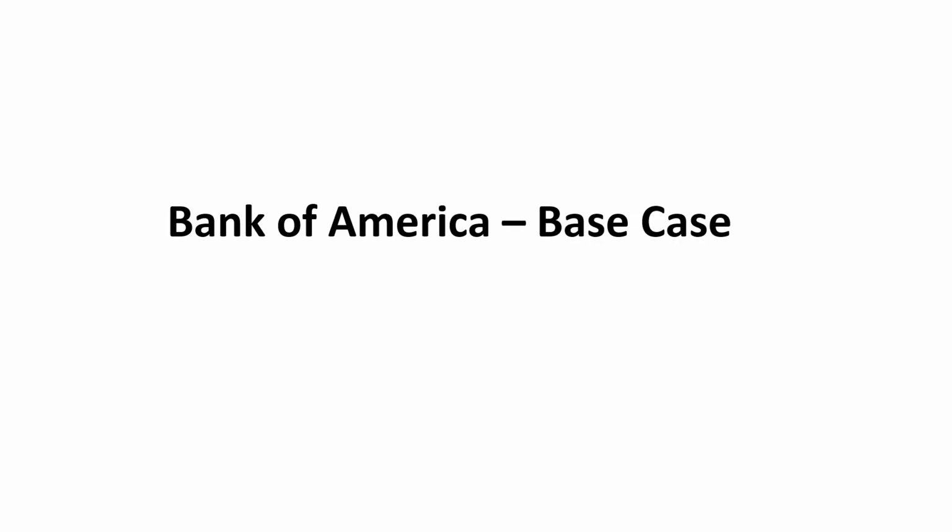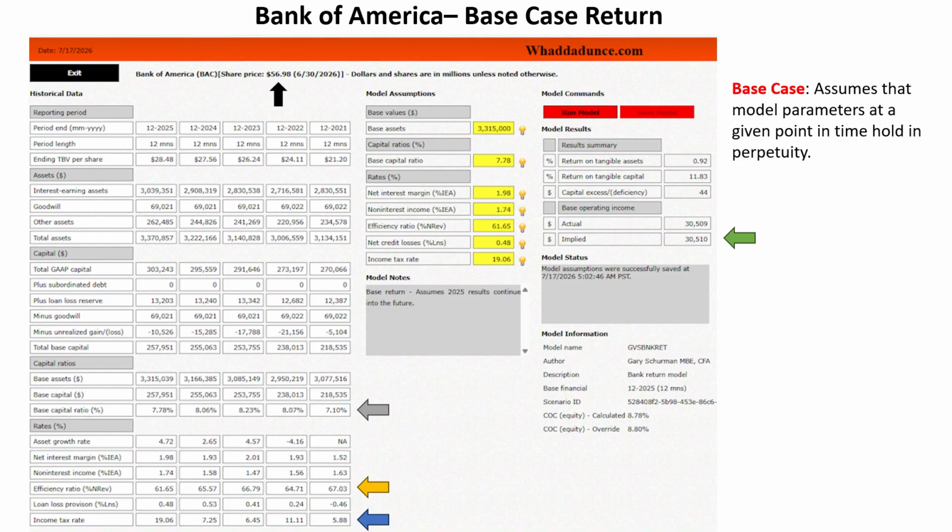Our first scenario for Bank of America is going to be the base case. This is the scenario where we use 2025 results of operations, and we'll see where that leads us. In this web page, we're going to calculate the base case return on capital, return on equity, return on tangible capital. That all means the same thing. We've gone through the math in the previous sections.